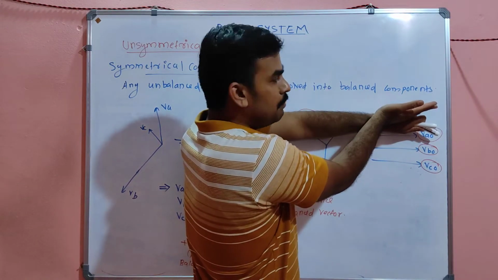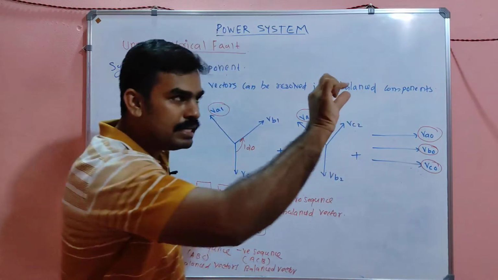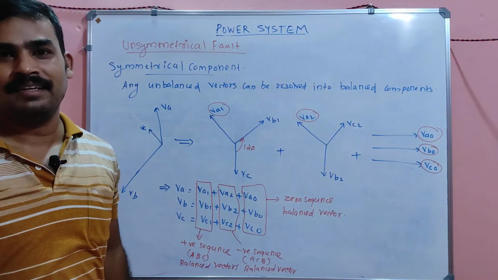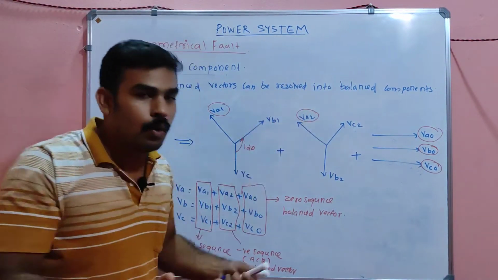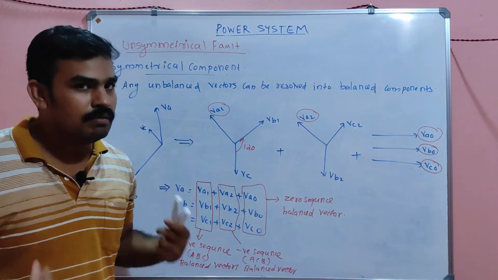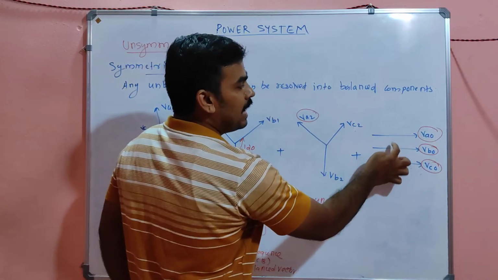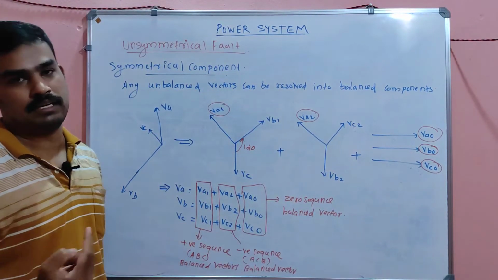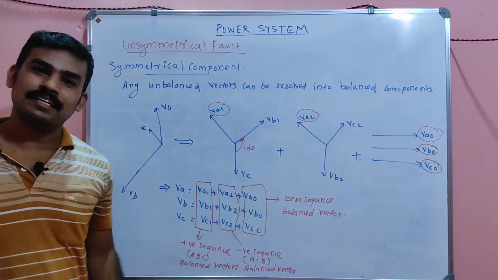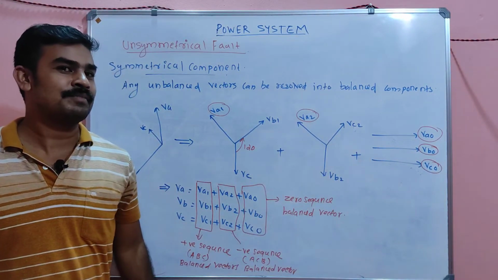When you look from here, it will simply seem like a single straight line. So for understanding purposes only, we split it into three, each having a phase angle of 0 degrees in between. So that is also balanced now, VA0, VB0, VC0 all having the same magnitude.